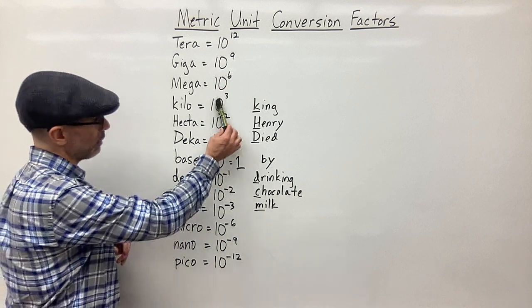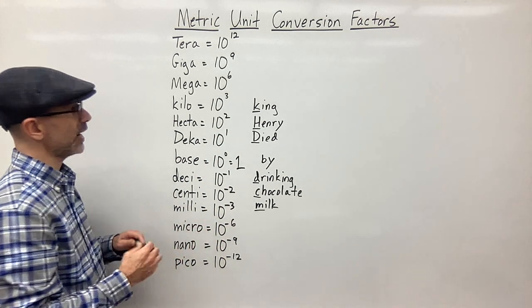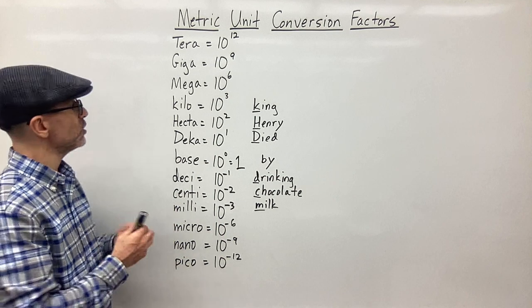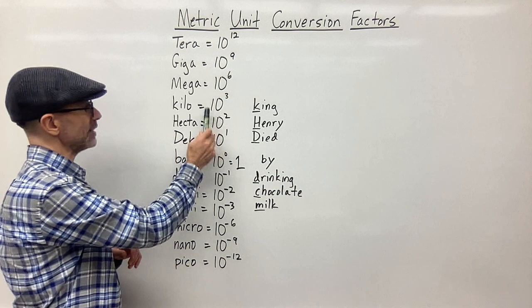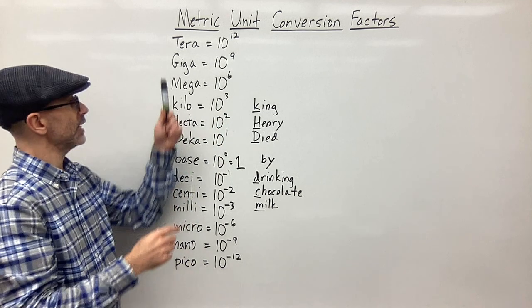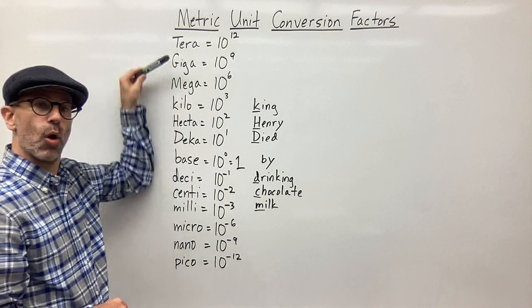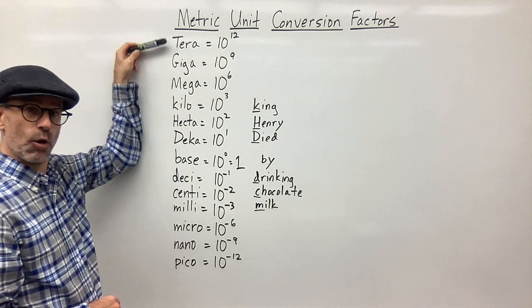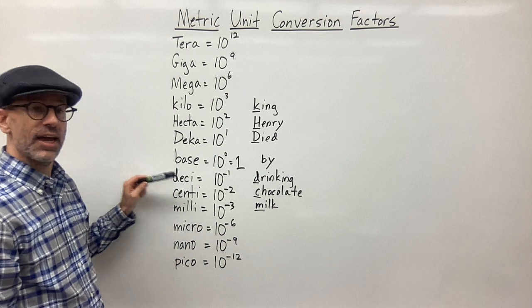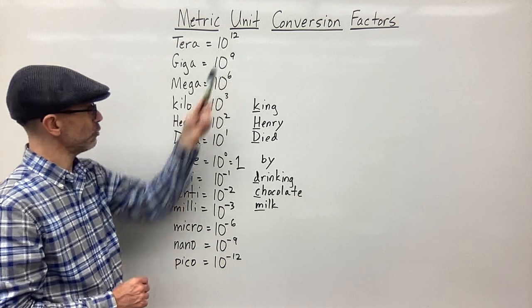So if you can remember the middle part, then you can remember that everything else will increase by 3. So for example, kilo is 1,000, that's 10 to the third. Mega then is going to be 10 to the sixth, giga 10 to the ninth, tera 10 to the 12th, and so on. So all you need to remember is the ordering of the names or the prefixes. If you can remember that, then you can just remember that these are going to increase by 3.